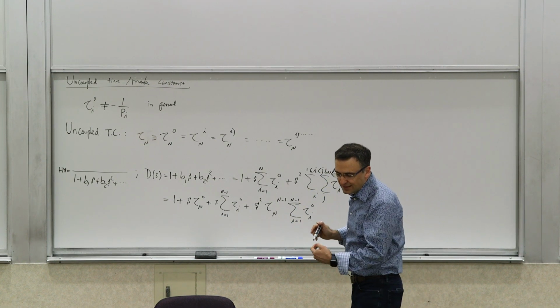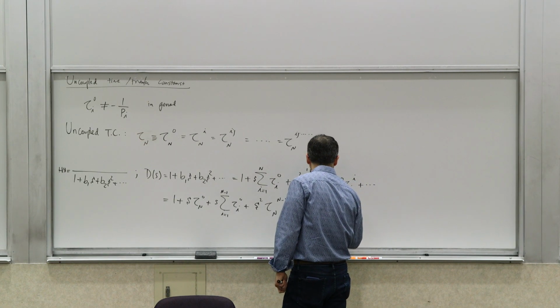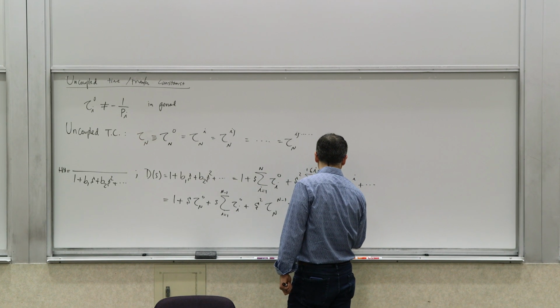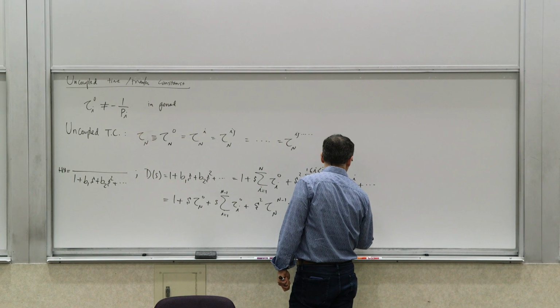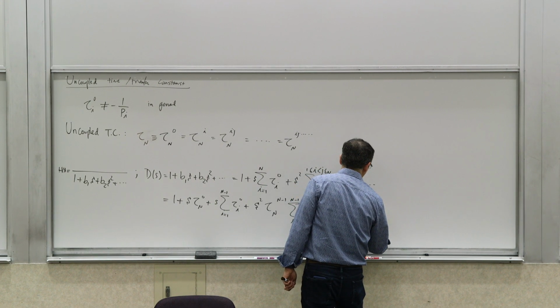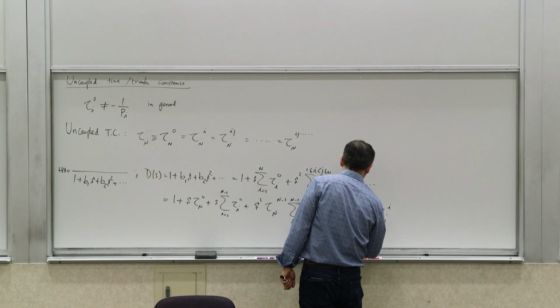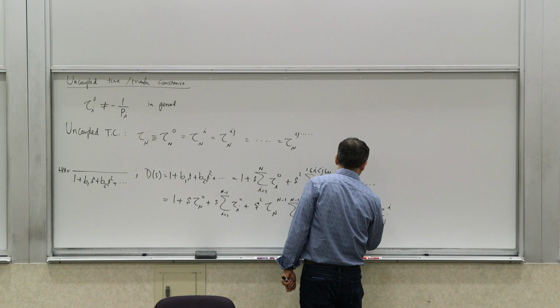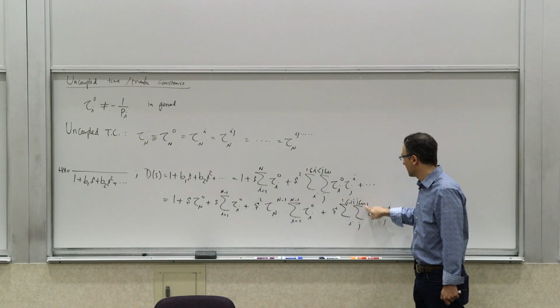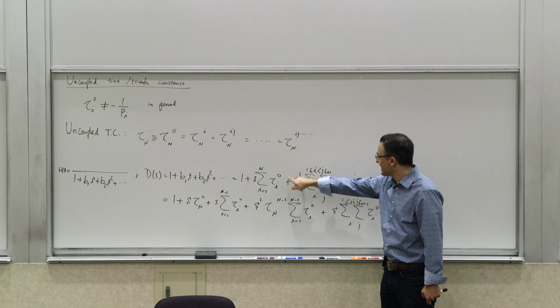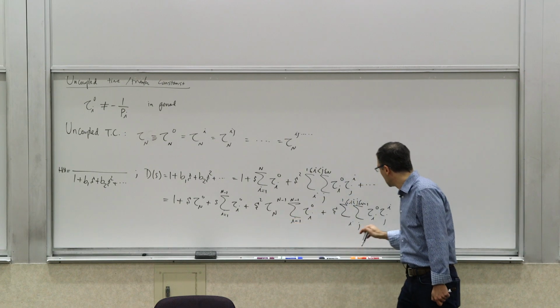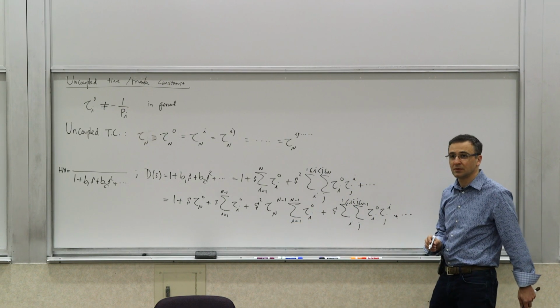And then you will have whatever else is left, which is all the sums to n minus 1. So it would be s plus s squared double sum of tau i0 tau ji, i smaller than j smaller than n minus 1. So this becomes n minus 1 instead of n, because I've taken that nth term out, plus higher order terms.